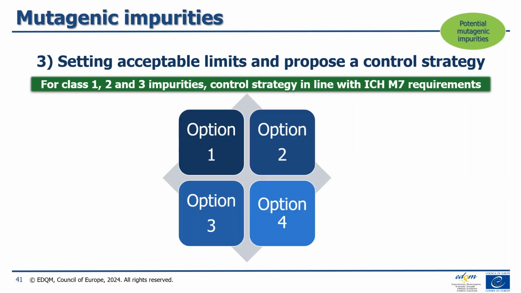So once the acceptable limit has been defined for each class 1, class 2, and class 3 impurity, then a control strategy should be proposed. So there are 4 different options prescribed by ICH M7. So there is option 1, which refers to a control which is set at or below the acceptable limit in the final substance.